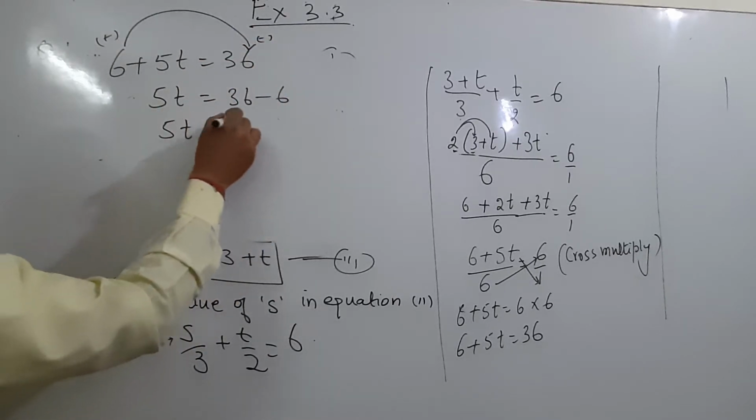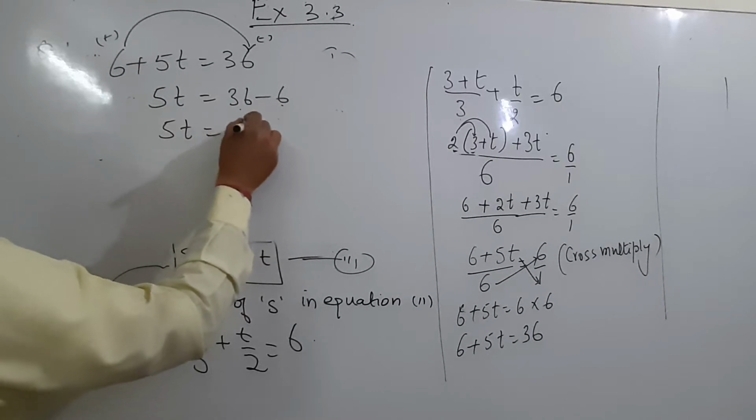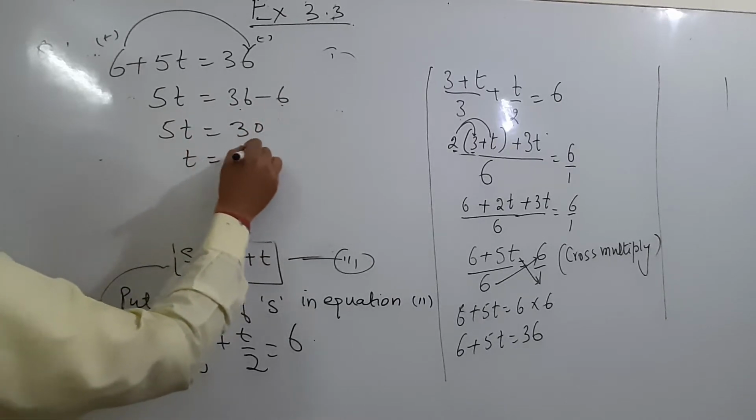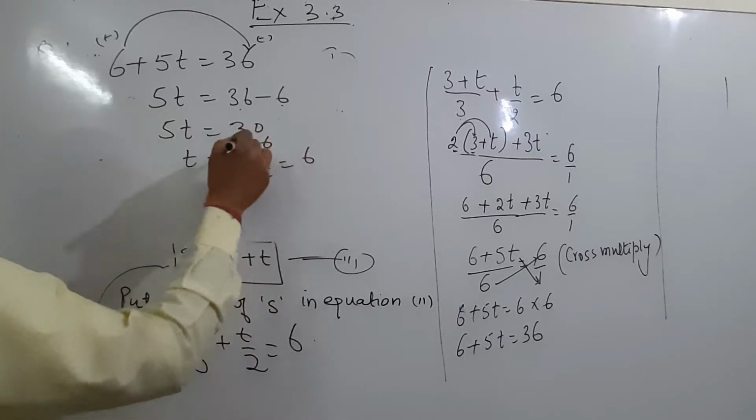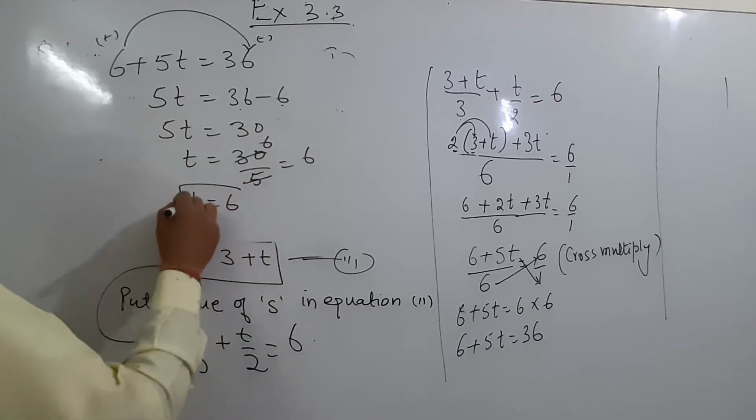So 5t is equal to 36 minus 6, which is 30, and t is equal to 30 upon 5, which is equal to 6. It means t is equal to 6.